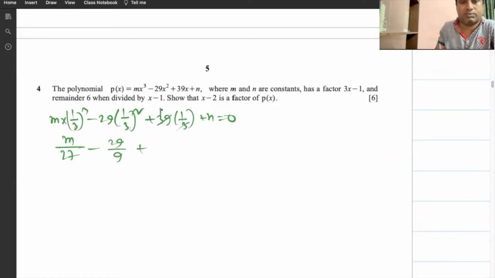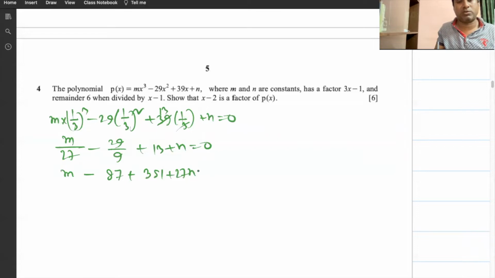If I simplify here, it is becoming 13. So m/27 plus 13 plus n equals 0. Now the LCM of the denominators is 27, so we can multiply all these terms by 27. So this one is becoming m, then, using the calculator, 29 times 3 is 87, plus 13 times 27 is 351, plus 27n equals 0.